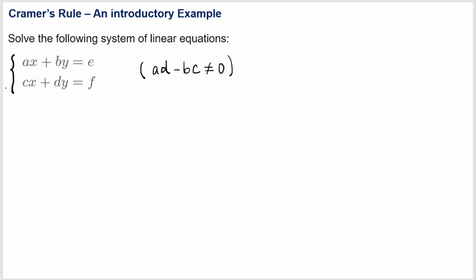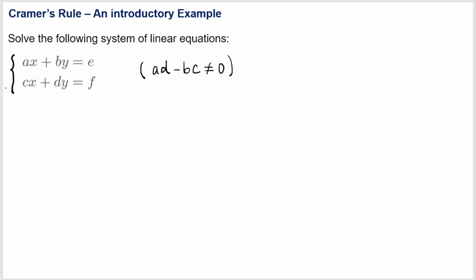So how do we solve this? Usually, we need to reduce the number of unknown variables first, right? So we can multiply the first equation by d and multiply the second equation by b to set up eliminating the y terms.